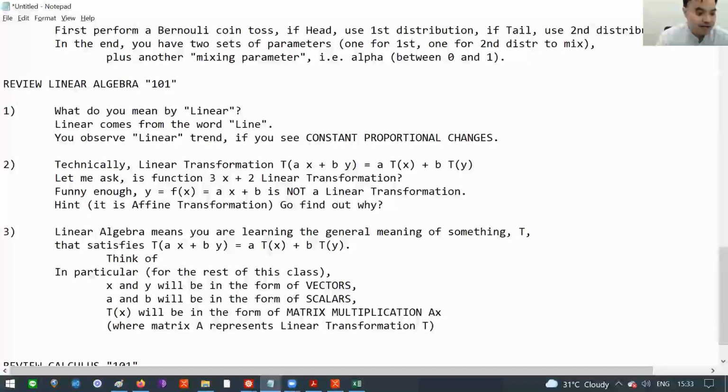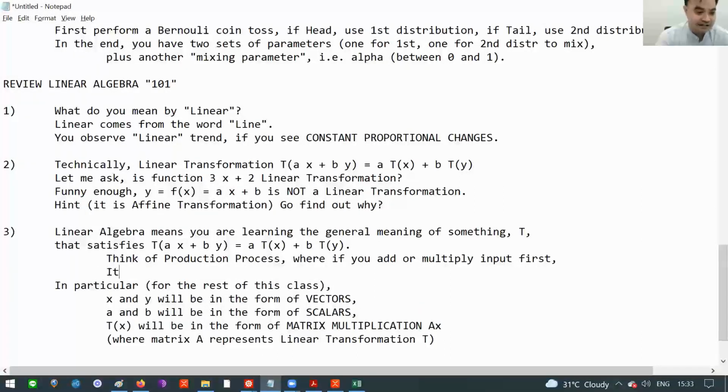Think of a production process, where if you add or multiply the input first, it's the same as adding or multiplying by a scalar after.